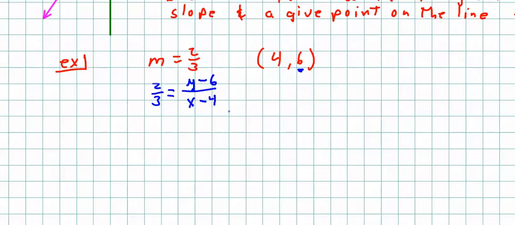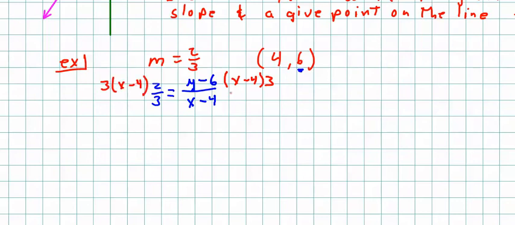Now I have the equation of the line right here. I have to put it in standard form, so I'm going to multiply both sides by the least common denominator. Least common denominator is x minus 4 times 3, or 3 times x minus 4.